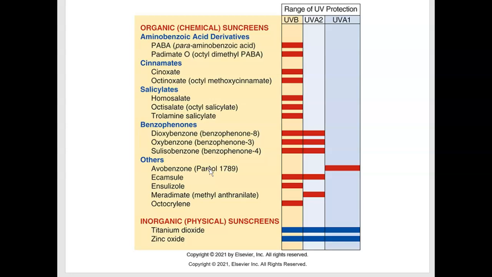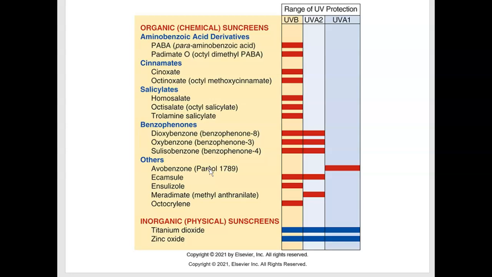In the formulations today, the titanium dioxide and the zinc oxide are micronized. So unlike the older ones, which were white, we now have ones that are clear, and so people like them better. You used to see people covered head to toe in the white paste. Well, now we have this micronized version, and we can spray it on and it's clear, like nobody has to know you're covered in sunscreen.